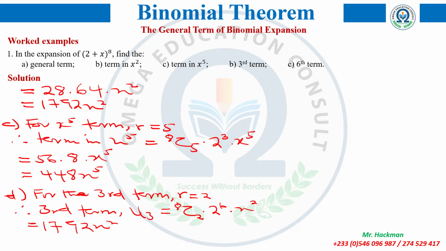Okay, Prof. Frank. So please, the question C, when you were solving it, you didn't use the U r plus 1. You just did it. Yes, remember I said, listen, Prof. Frank, I won't even allow you to land. Remember I said, if you are looking for positional terms, that's where you use the sub for the U. But if you are looking for x to a certain power, use the general formula.